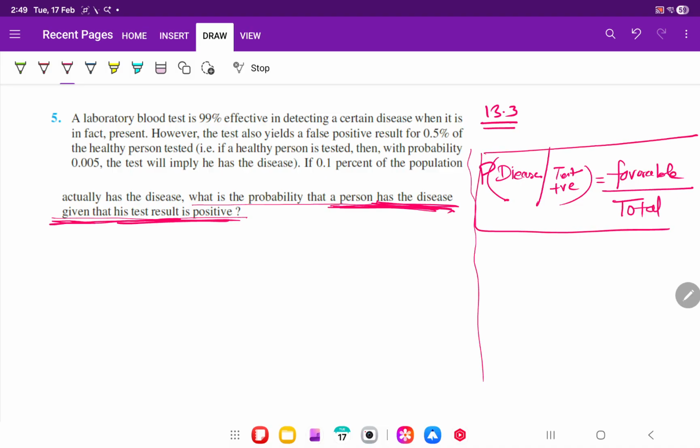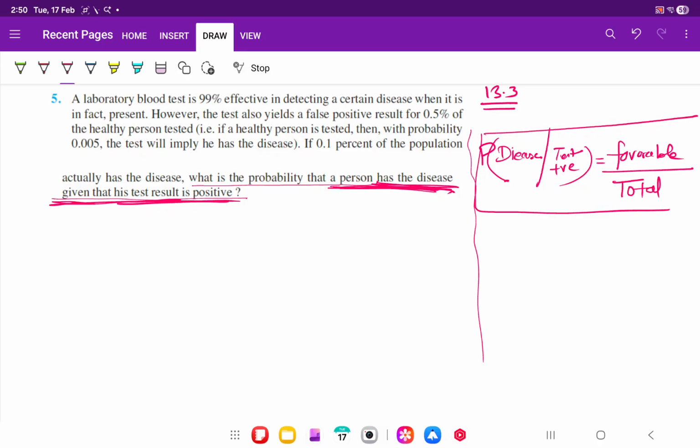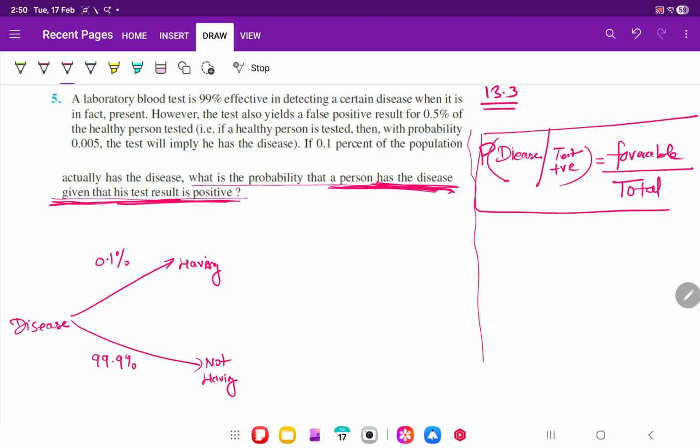So how to get it? All the information, let's collect in the form of a chart. So look, suppose disease: there are two chances, a person may have it or not have it. Having is very less, 0.1%. Not having is very high, 99.9%.